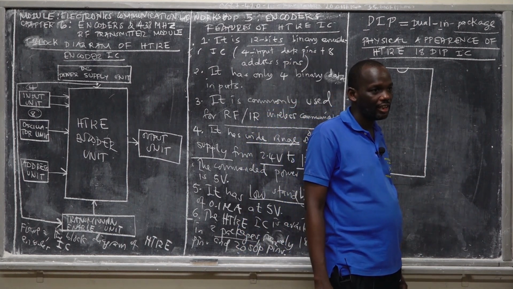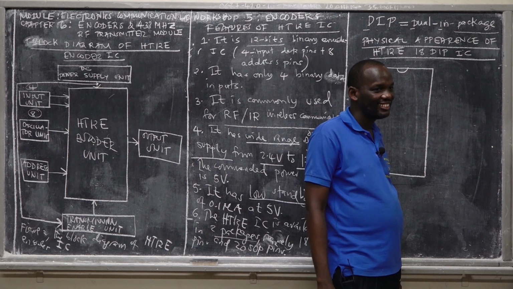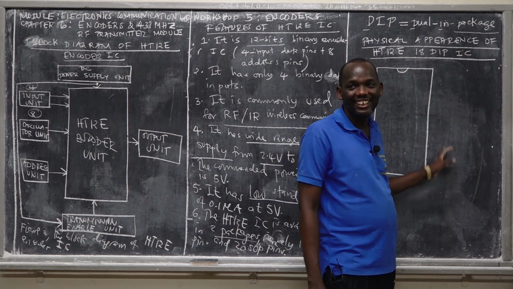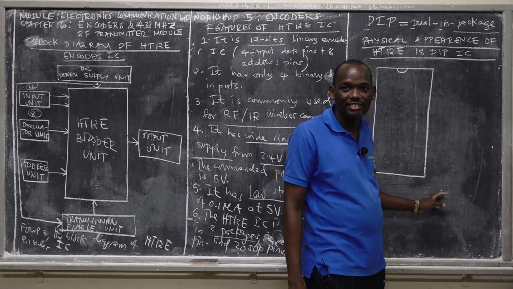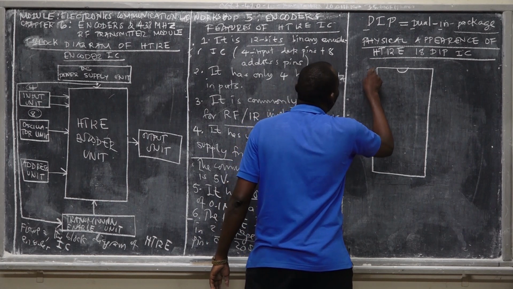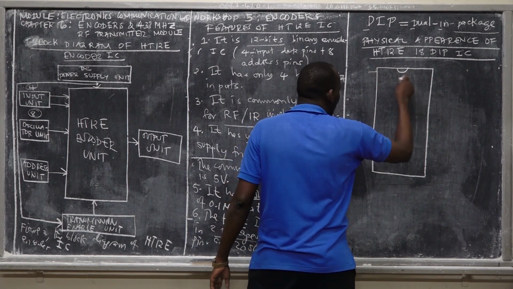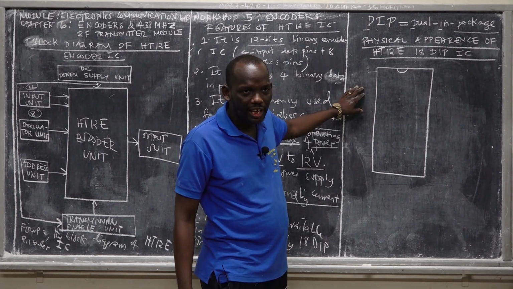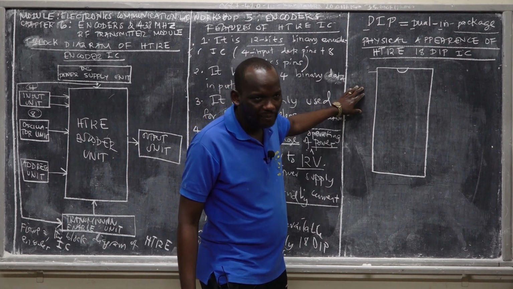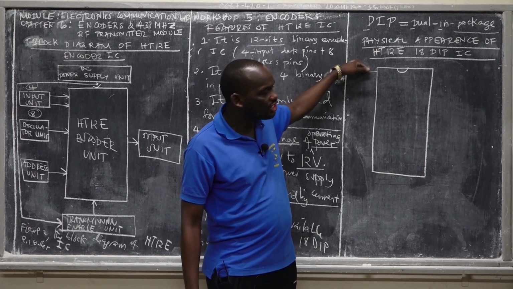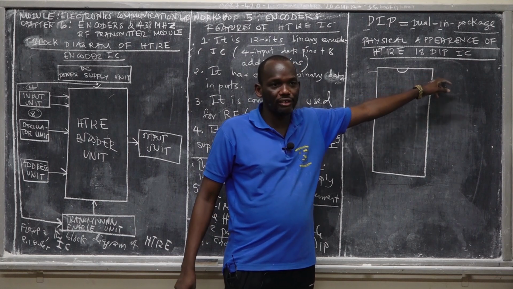18 over 2. On the right-hand side, we have how many pins? 9. Make sure, listen, that this pin is in a straight line with the other pin on this side.